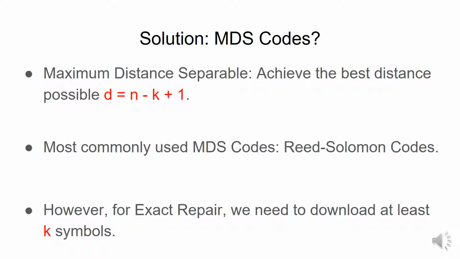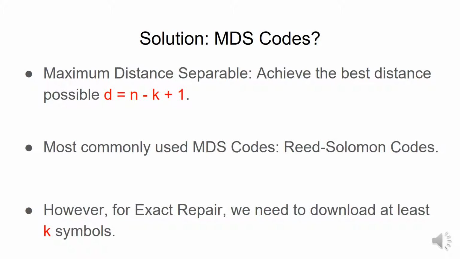Now, there is a huge disadvantage of MDS codes in the sense that even if you have to repair one symbol failure, you still need to download whatever is there in any k number of symbols. So let's say each symbol is of size L, then you need to download kL symbols even for one symbol failure.